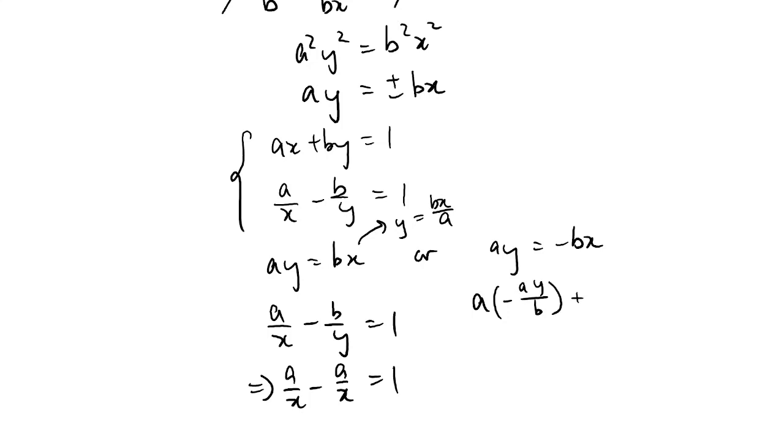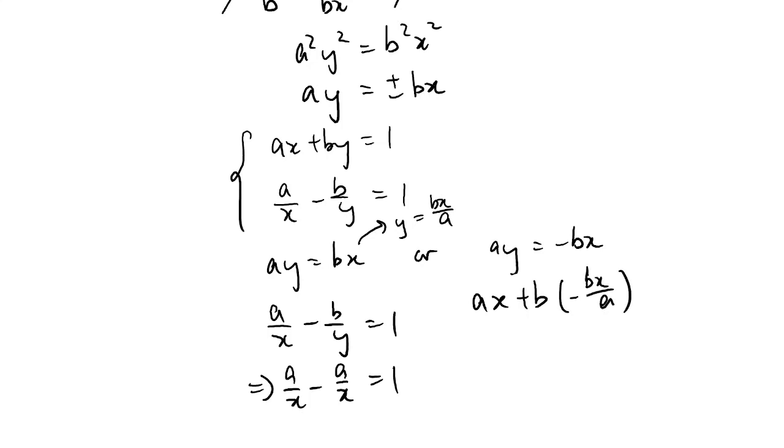Actually, let's keep the ax for later, you'll see why. So let us keep the ax here, ax plus b times y, where y is minus bx on a.